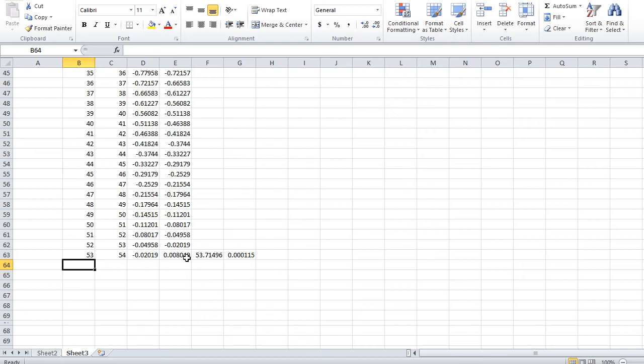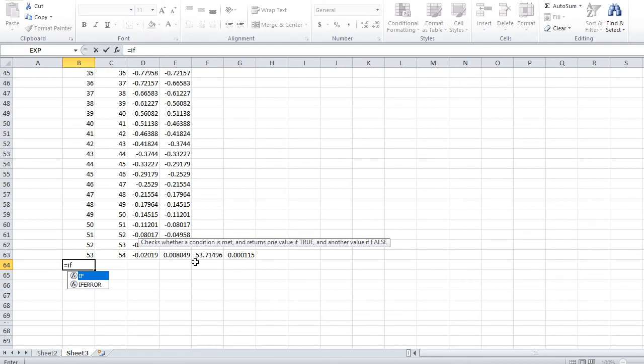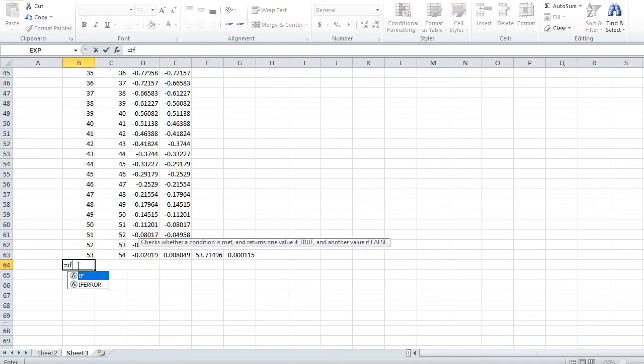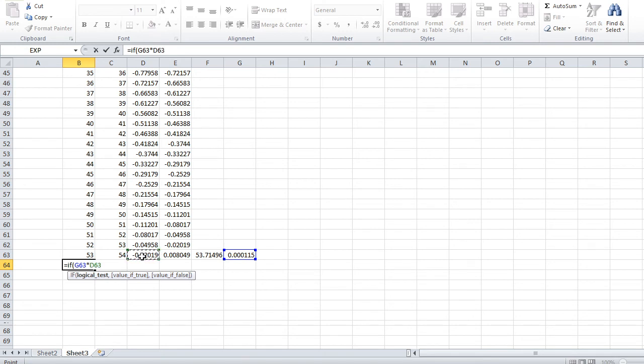Equal to IF, f of tr multiplied by f of tu is greater than or equal to 0, then take the value of tr, otherwise take the value of this one. Enter.